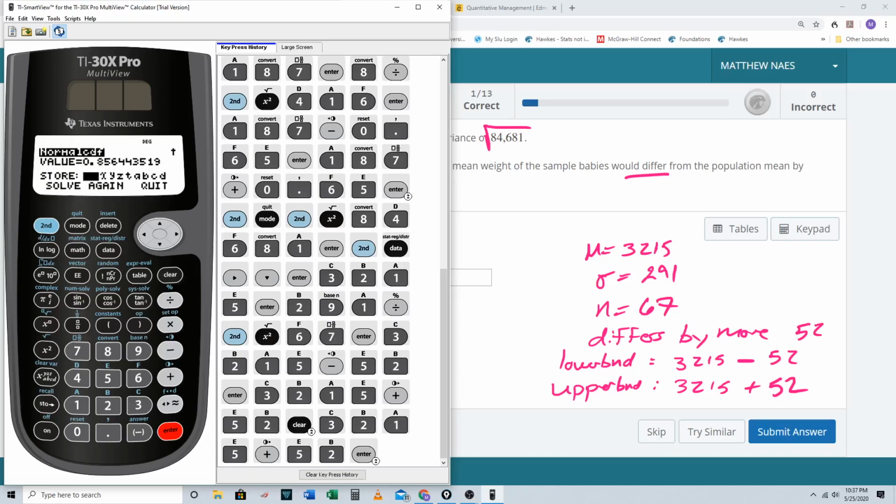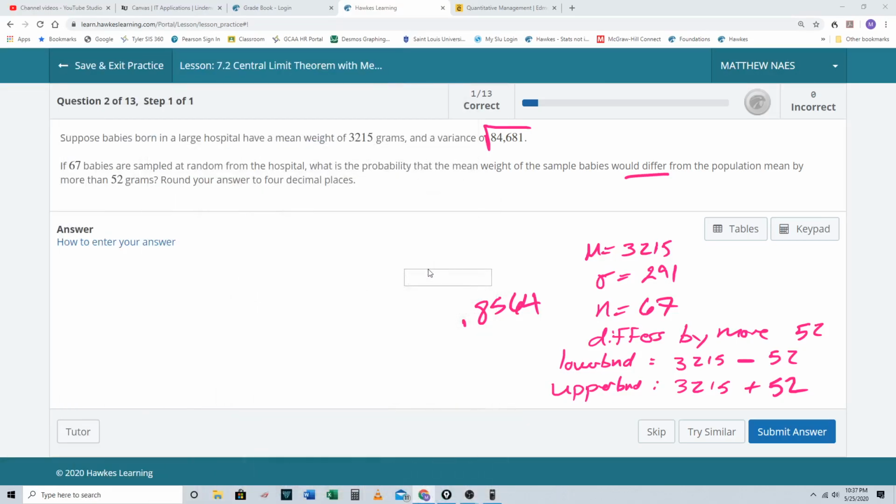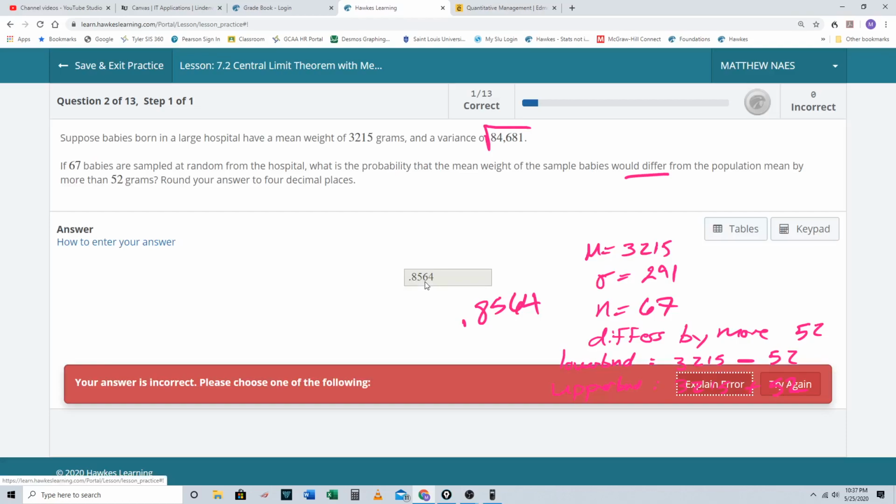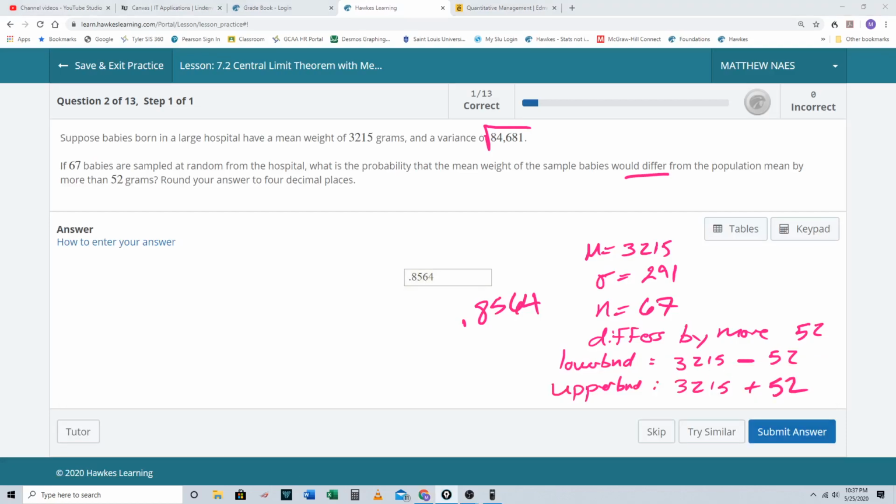So we get 0.8564. So now if I put that in, it's going to be wrong. I'll show you. 0.8564. Yep, not correct. Try again. So what we have to do is 1 minus the answer.